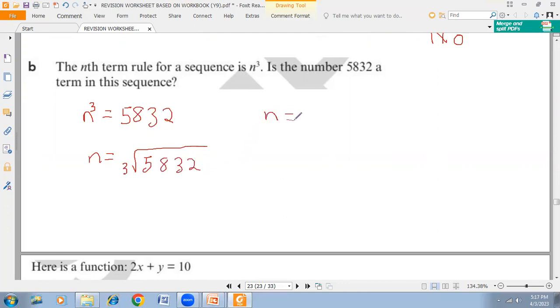Let's see the value of n now, using a calculator. Cube root of 5832 is exactly 18. 18 is a whole number. So yes, 5832 is a term in that sequence.